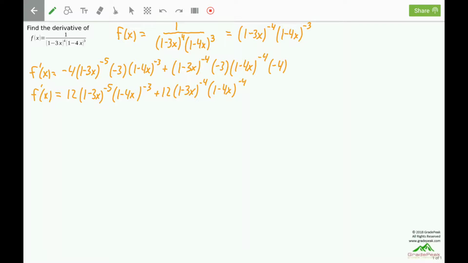And now we can start factoring this. f prime of x will be, the first thing we can factor is the constants. Now we have a 12 in front of each of them, so a 12 can factor out. So we'll have 12 times, well, that'll leave a 1 in front of this expression and a 1 in front of the other expression.